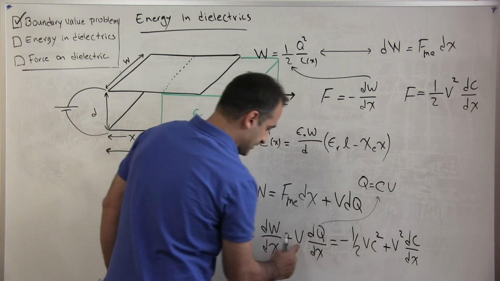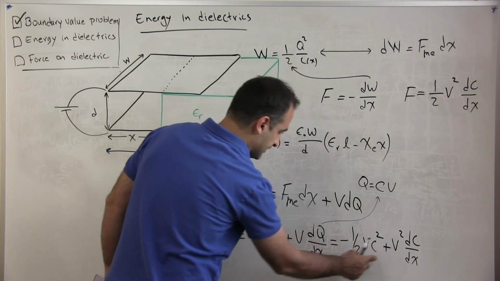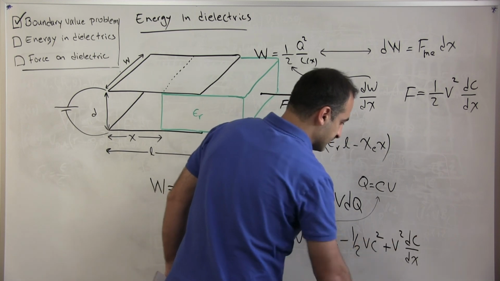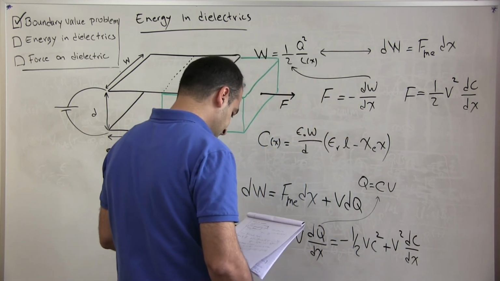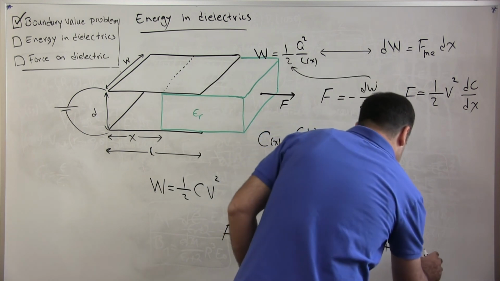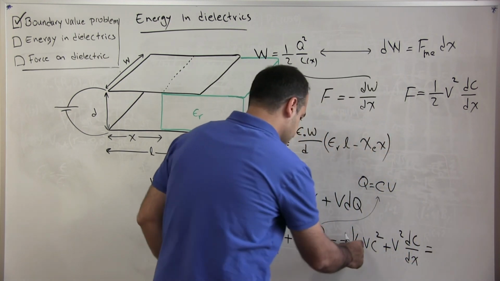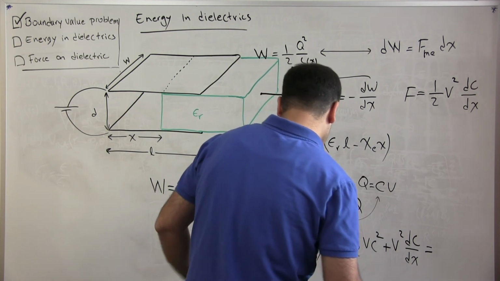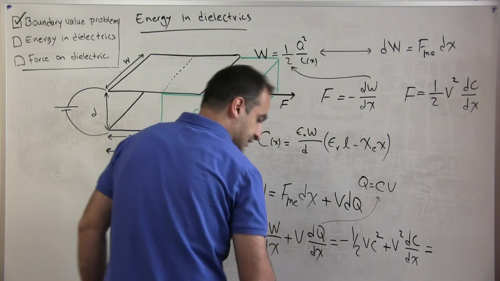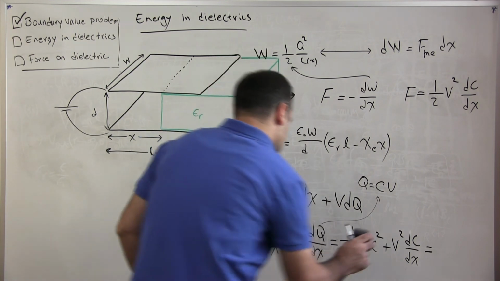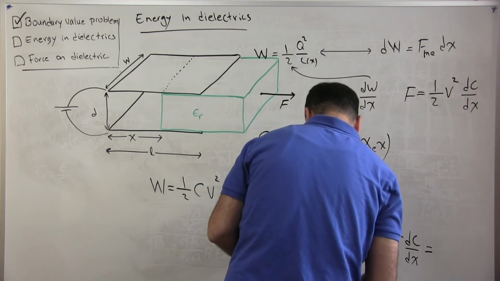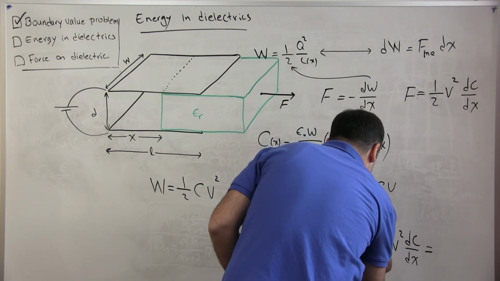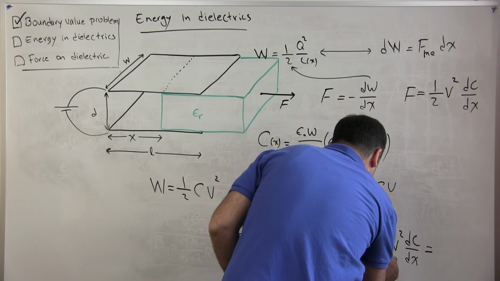So V times this, V becomes V squared, and then dq/dx becomes V times V dC/dx. I made a mistake here. dW over dx is 1/2 V squared dC over dx.